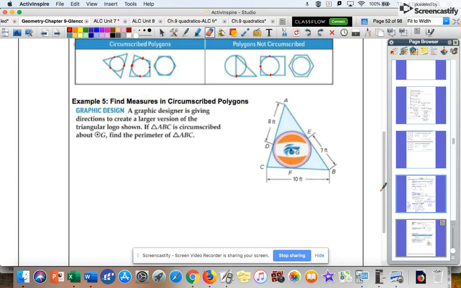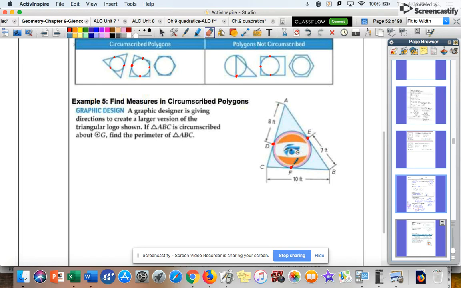So we look at now this situation where a graphic designer is giving directions to create a larger version of the triangular logo shown. If triangle ABC is circumscribed about circle G, find the perimeter of ABC. So find the distance around. If it is circumscribed, that means the sides are tangent, so each one of these would be a point of tangency.